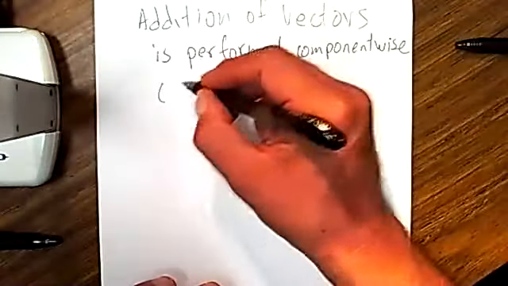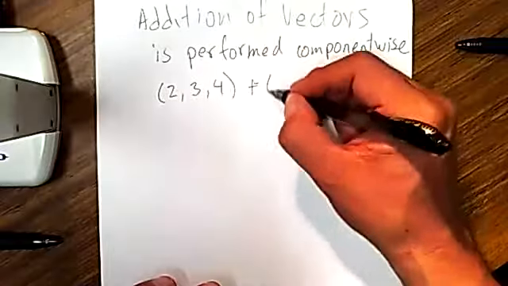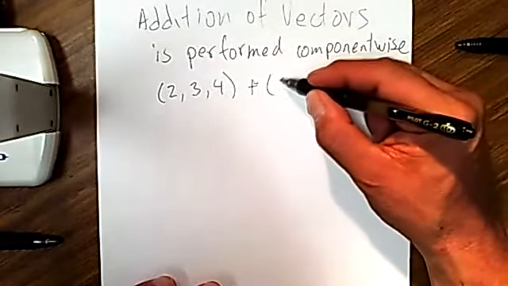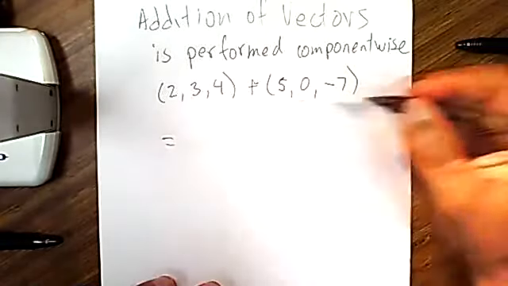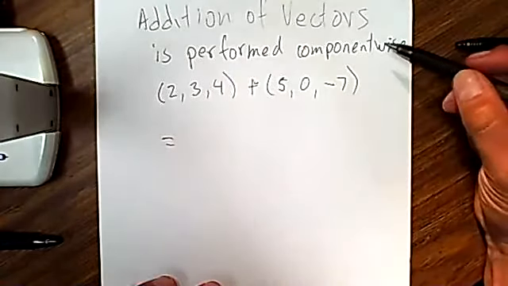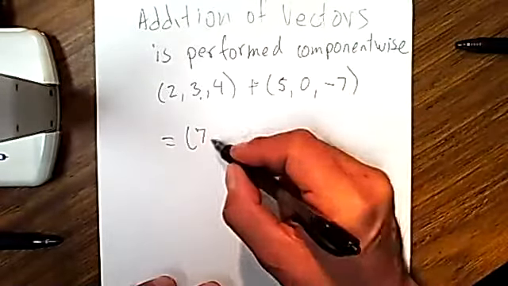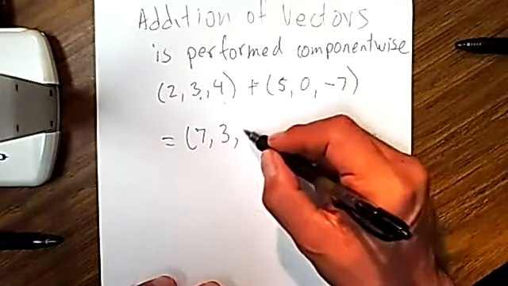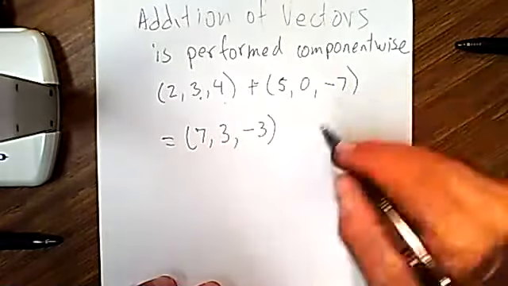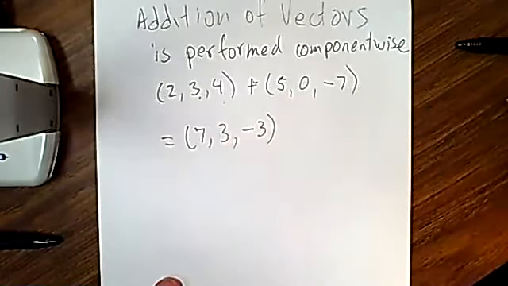If you have the vector 2, 3, 4, and we add to it the vector 5, 0, -7, then we end up with a new vector, which is going to be 2 plus 5, 7, 3 plus 0, 3, 4 plus -7, -3. So this is the resultant vector of adding those two vectors together.